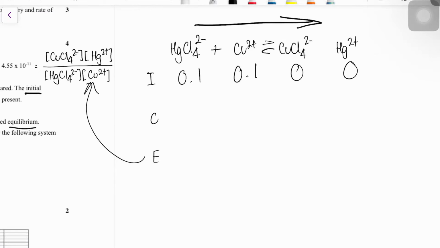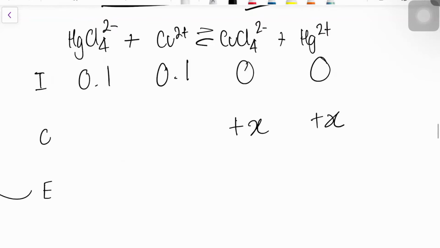So that's my equation, which means I don't know what that shift is, and that's what I'm looking for. If I don't know what the shift is, I'm just going to give it an unknown letter x. Because I'm shifting to the right, it's going to be plus x and plus x. The reason it's plus x is that the coefficients are all 1.